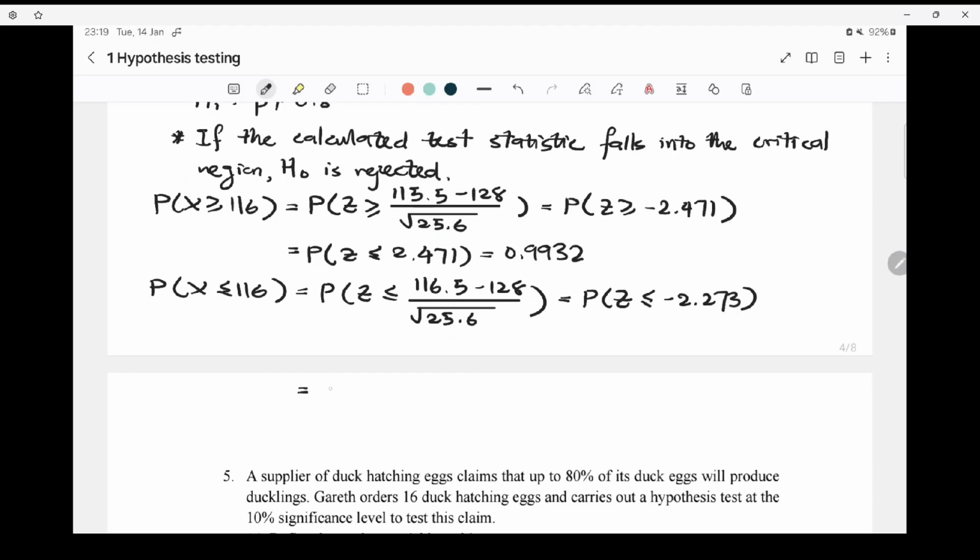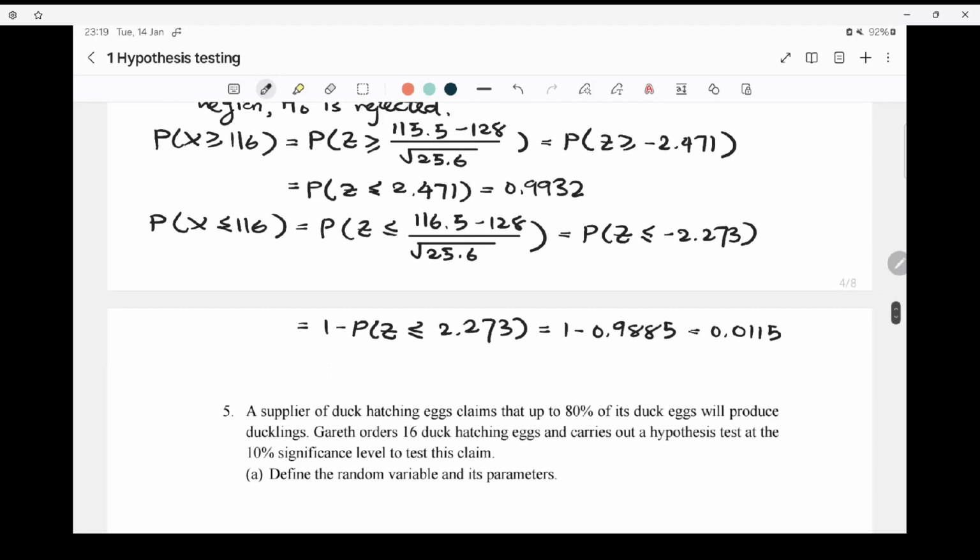Because of the direction, this is 1 − P(Z ≤ 2.273). And finally, you get this. So this actually falls into your critical region because P(X ≤ 116), this particular probability, is smaller than 0.025.